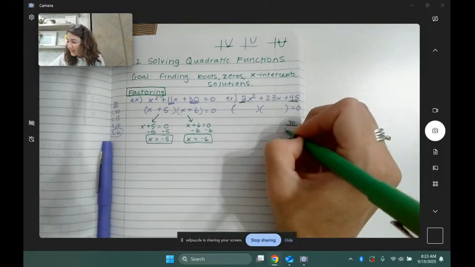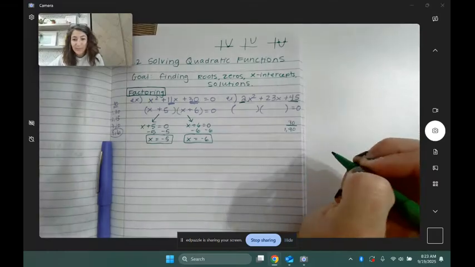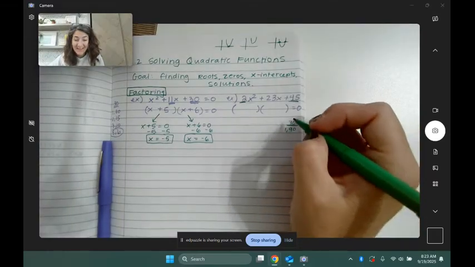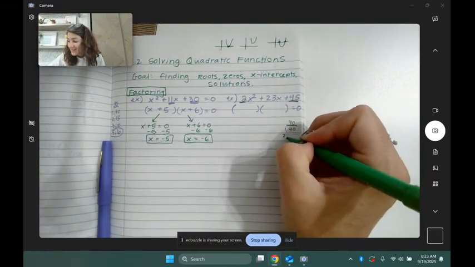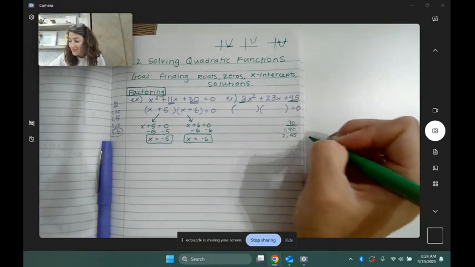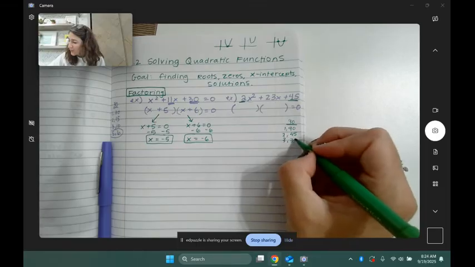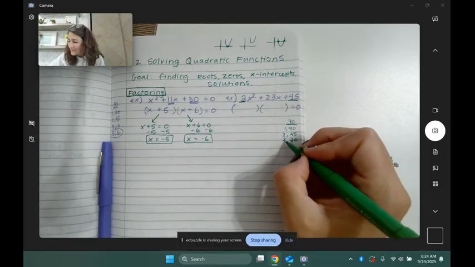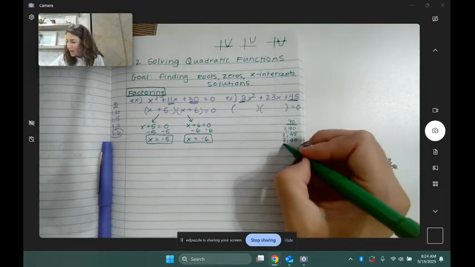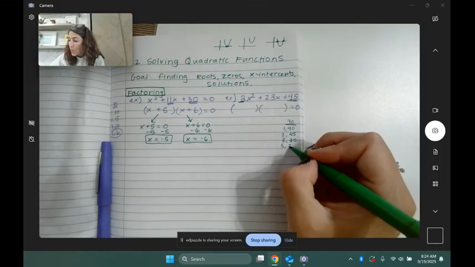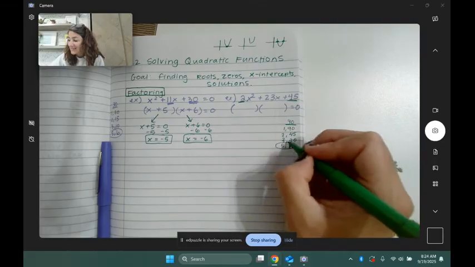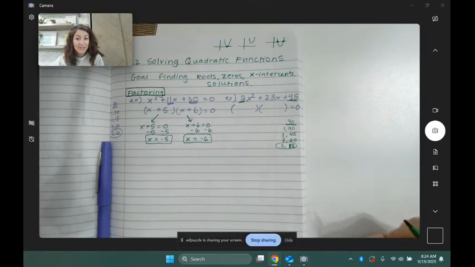I do them totally in order as much as I can. 1 and 90 until I come up with the answer. 2 and 45, that's 47. 3 and 30, that's 33. It's not divisible by 4. 5 and 18, that adds up to 23.